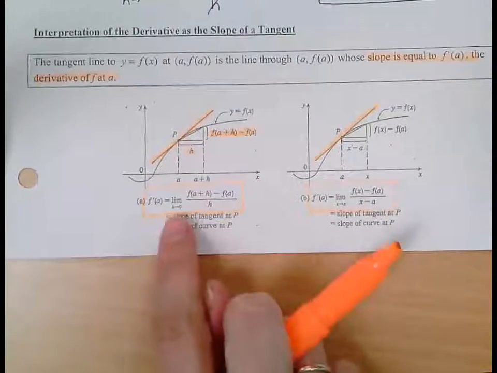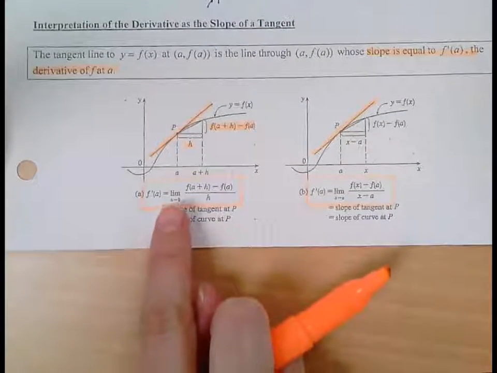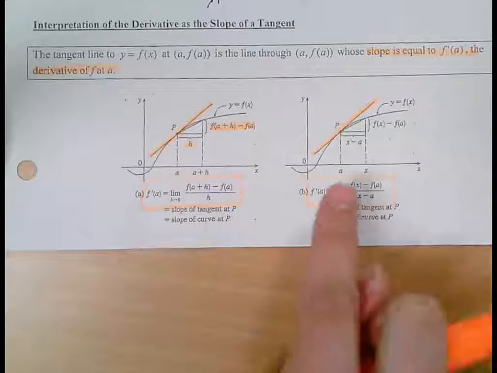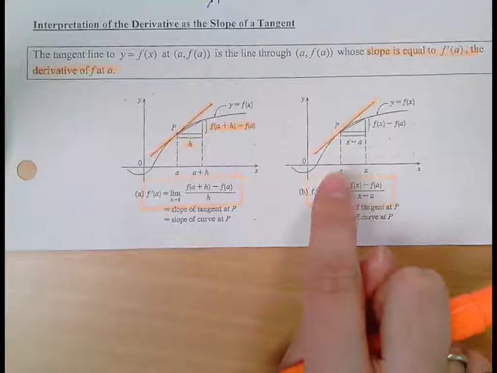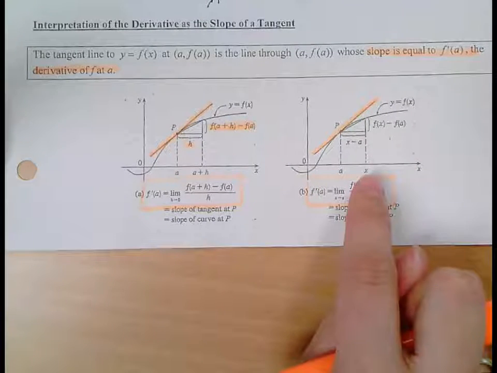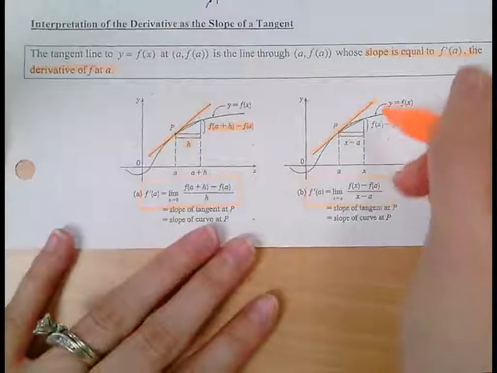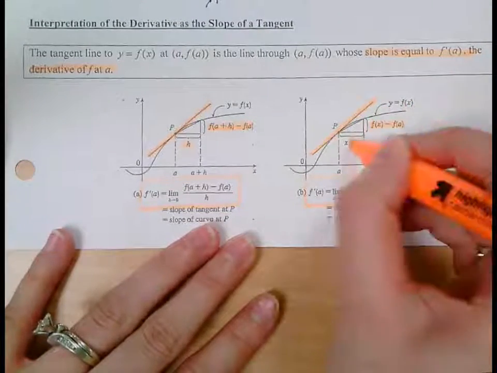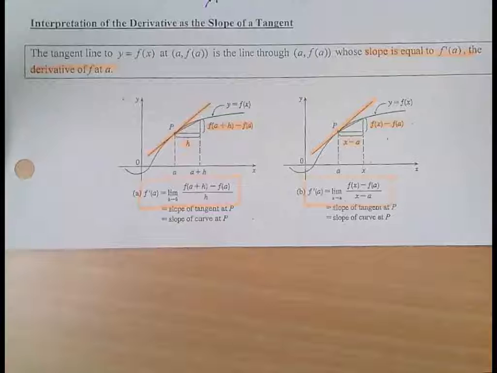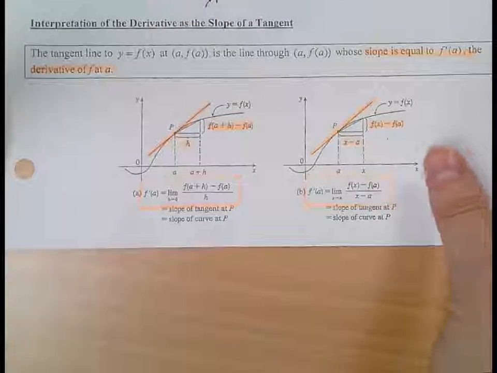And your slope of your tangent line is the limit as h approaches 0, versus the other limit is if you go from the x value a to just x, then your change in y is f of x minus f of a, your change in x is x minus a, and your limit is as x approaches a. So it's just showing, I guess, the limits we've been talking about already. That's all that's there to show you.